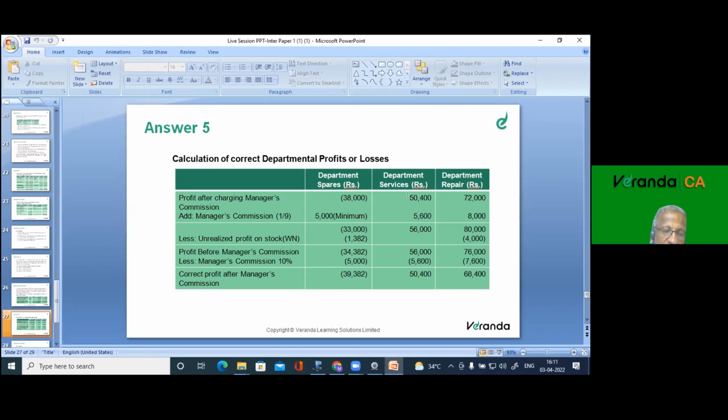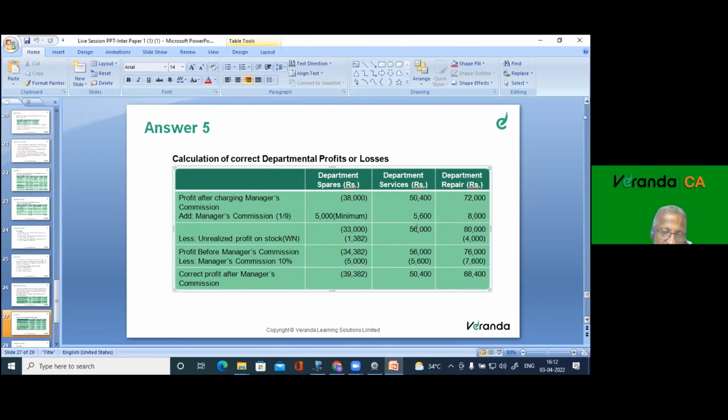So here 50,400 divided by 9, which is normally expected to be greater than 5,000, is 5,600 in this. So before that, it would have been 33,000, 56,000, and 80,000. Right. Unrealized profit on stock 1,382.